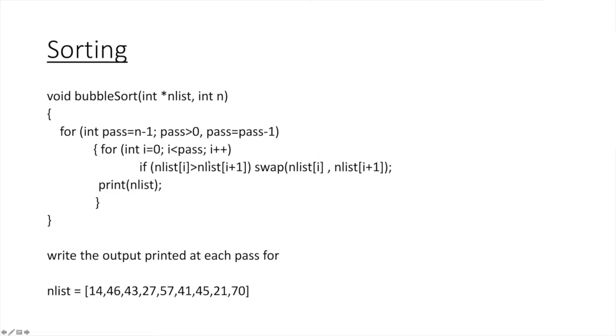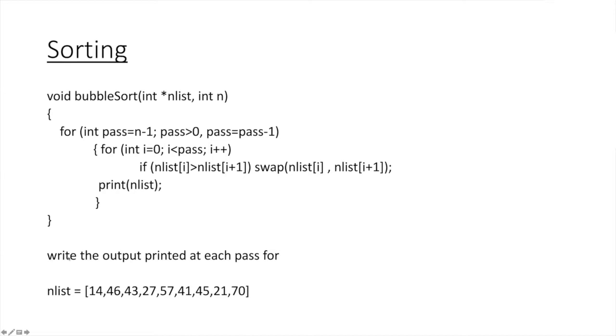After this inner loop is completed, we print the content of the array by calling the function print. And this is repeated for each pass starting from n-1 and while pass is greater than 0, and it is completed when the value of the pass becomes 0.